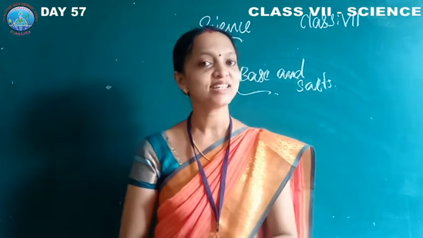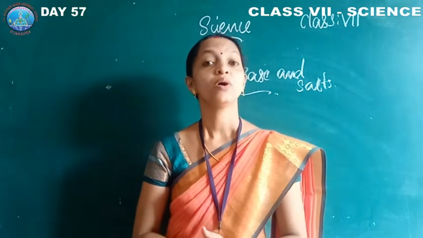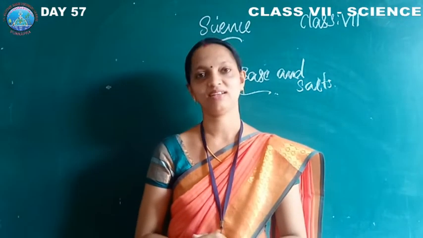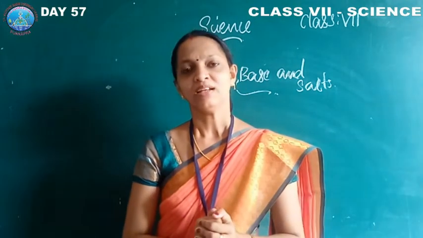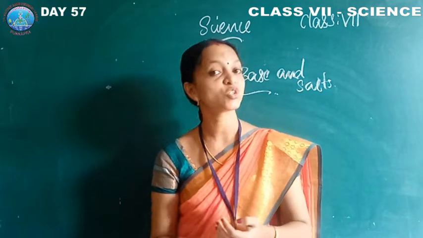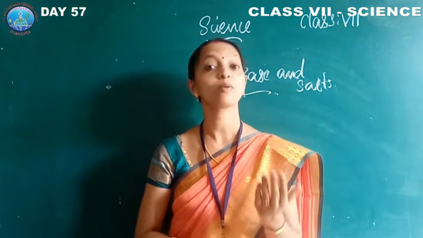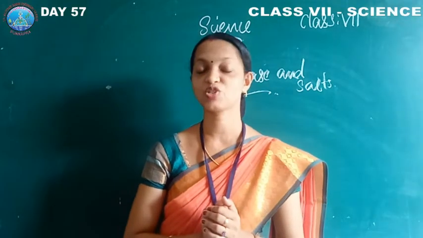Do you know what an indicator is? It is a special type of substance used to check whether a substance is acidic or basic. There are two types of indicators: natural indicators and artificial indicators. Turmeric powder, China rose, etc. are examples of natural indicators.